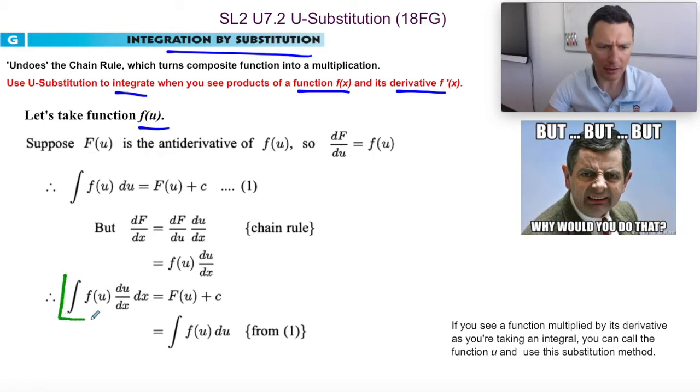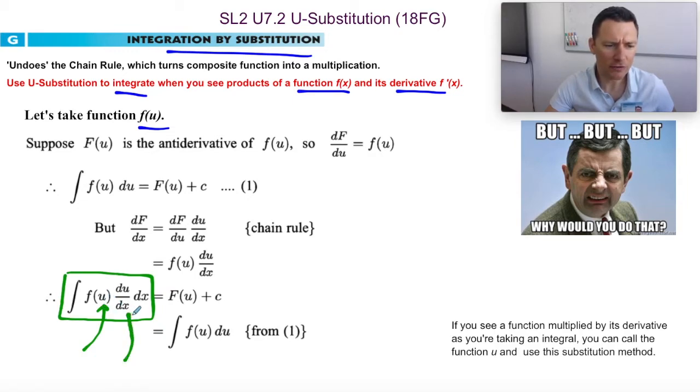If you are looking at an integration, you see some function u, and you see its derivative. The du dx is the derivative, and that can cancel out with the other dx. That's usually in this integration, right?